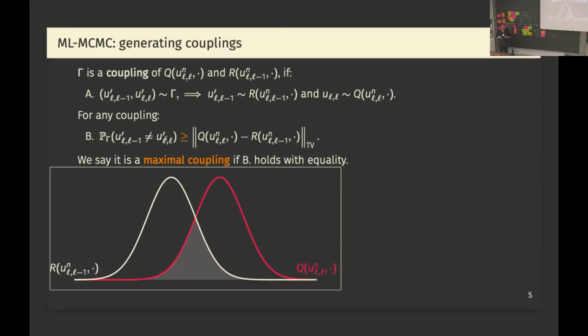So in particular, we're going to use maximal couplings of the proposals to couple the chains in the multi-level MCMC algorithm, or in this part of the telescoping sum.